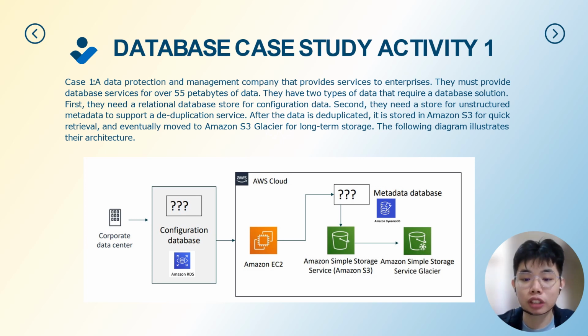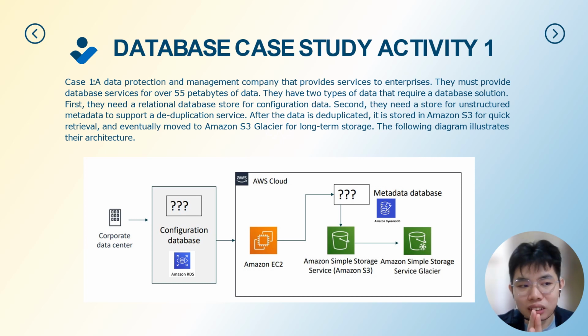Given this requirement, here is my recommendation on the configuration database. For the configuration data, a relational database would be very suitable since the organization is already using AWS cloud services.